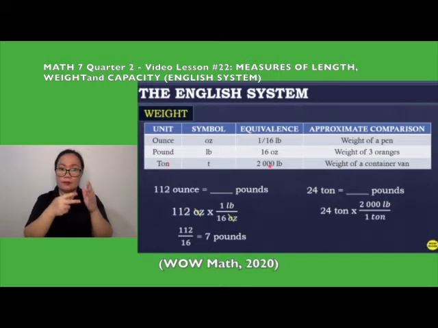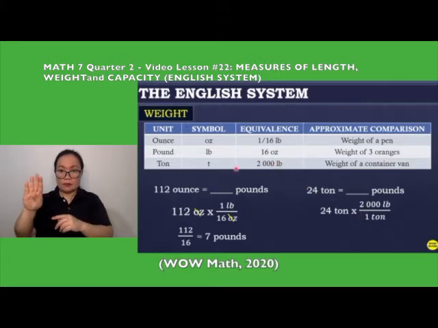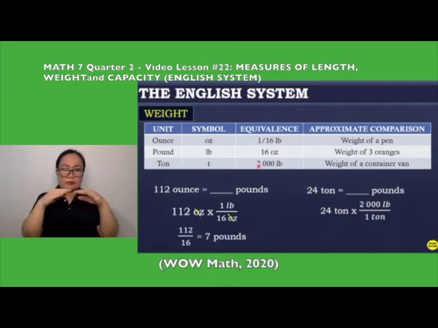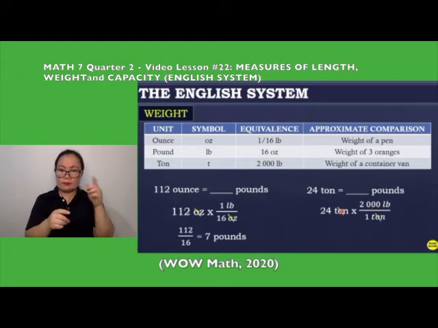Ibig sabihin, dun sa tons, ang ilalagay mo ay 1. Sa pounds, ang ilalagay mo ay 2,000. So, lagi kang tingin sa table of equivalence mo. So, yung tons mo ay 1, yung pounds mo ay 2,000. Okay? So, we can now cancel the unit, yung same unit natin.